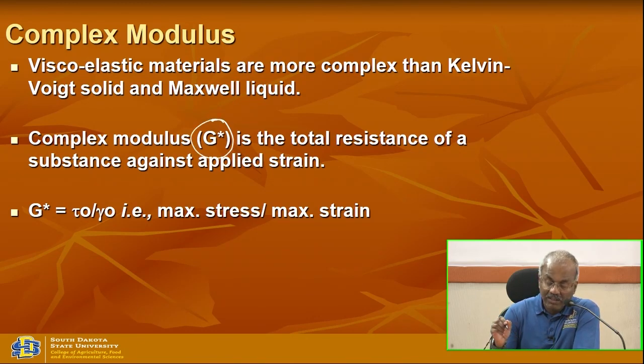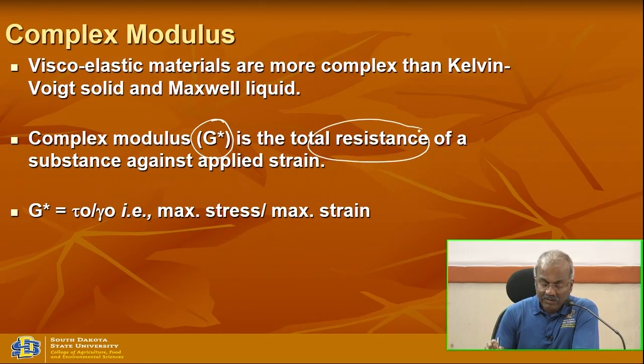When you combine the Maxwell liquid and Kelvin-Voigt solid model, you get the total resistance of a substance against applied strain. So what you get is maximum stress over maximum strain, and that gives you the complex modulus.